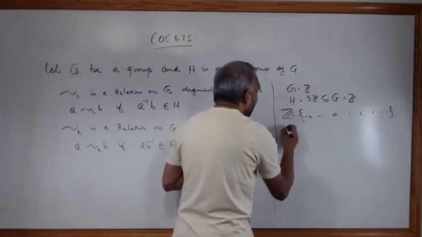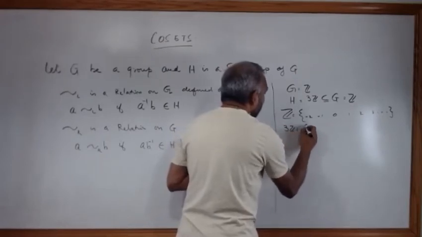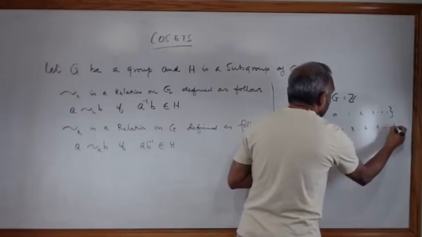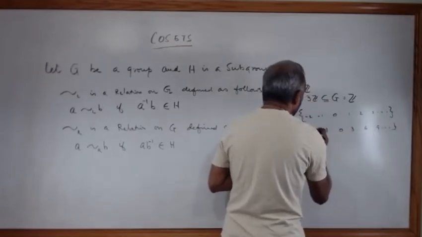And 3Z is equal to 0, 3, 6, 9, ..., minus 3, minus 6.